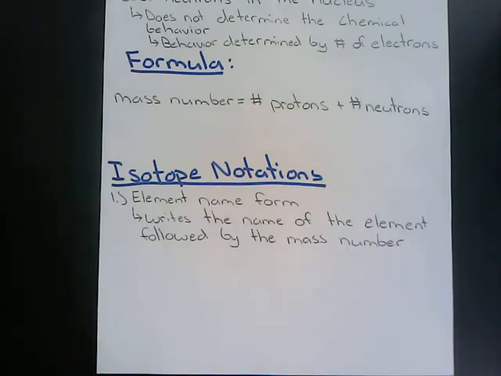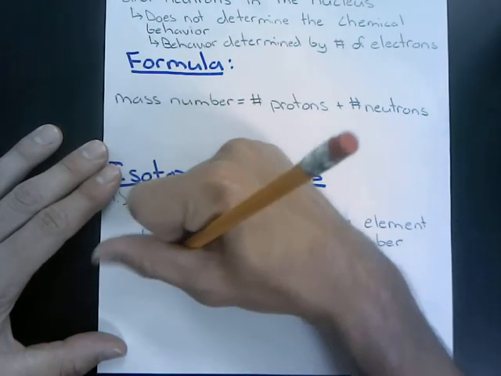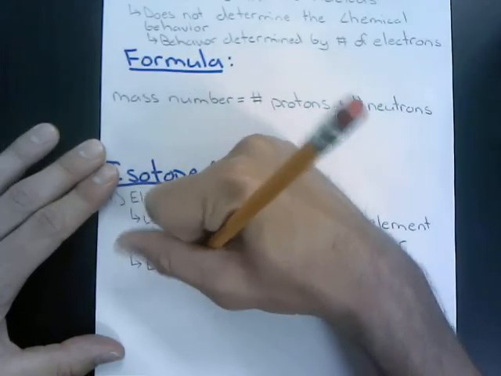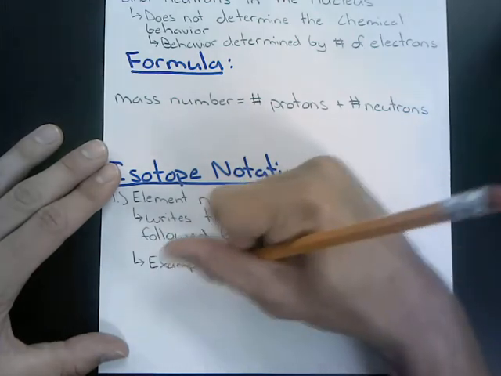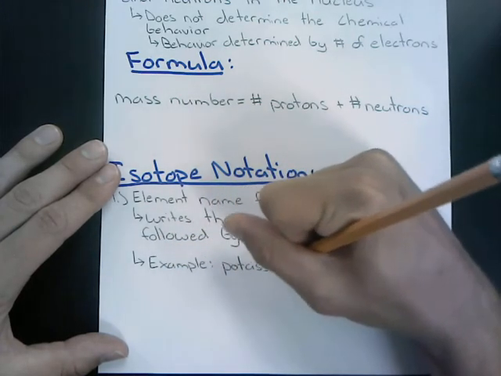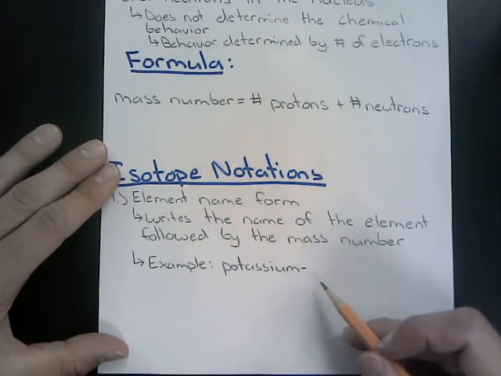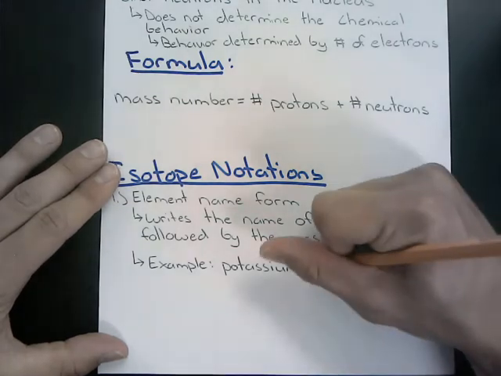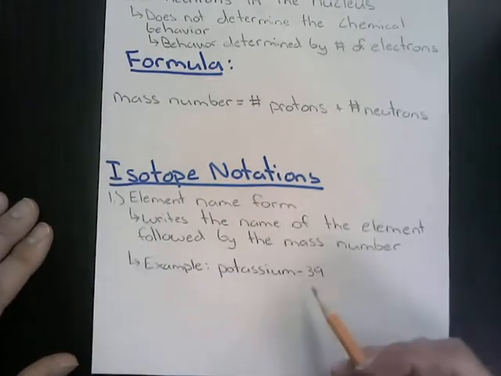An example of this would be the potassium 39 isotope, where we wrote the entire name of the element from the periodic table. We wrote out potassium, and then we put a dash, and after the dash we put the mass number. I told you this was potassium 39, so 39 represents the mass number.